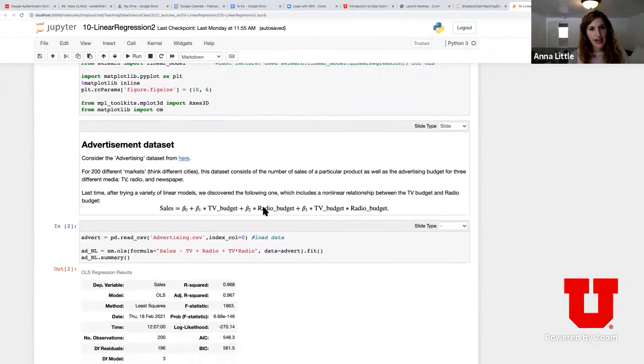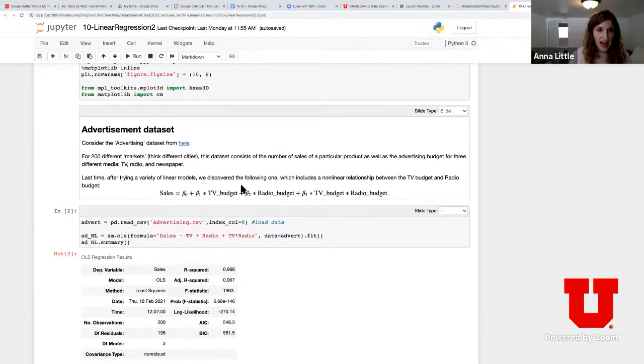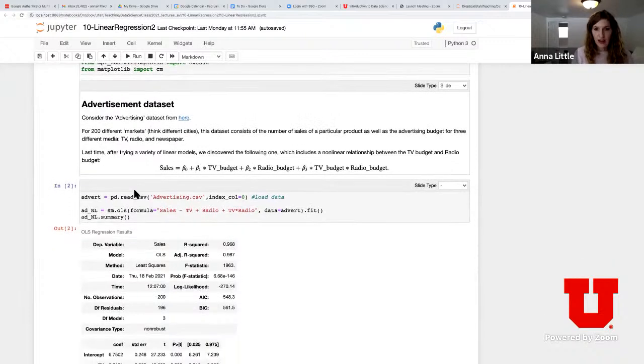And then last time we were looking at the advertising data set where we had 200 different markets. You can think of those as cities, and then we were predicting sales from 3 possible variables, which were TV, radio, and newspaper. And you may remember that after some exploring and experimenting, we ended up with a very good model where we used 2 of the variables, TV and radio.